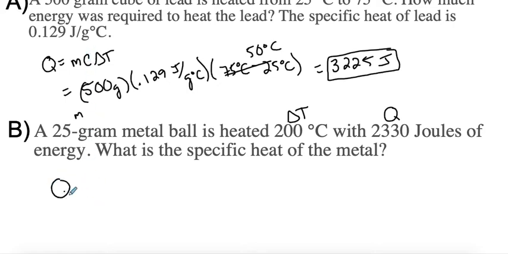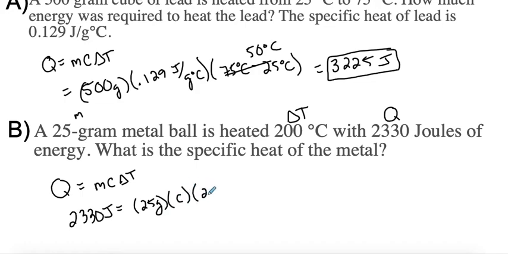So let's write our equation again. mc delta T. Oops, we want a capital T. Delta T. Let's plug everything in. So 2,330 joules of energy. The mass is 25 grams. We don't know what C is, we'll have to find that. And our change in temperature is 200 degrees Celsius.